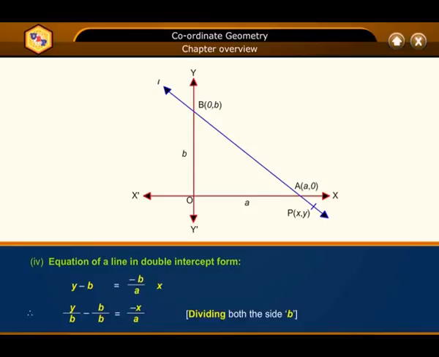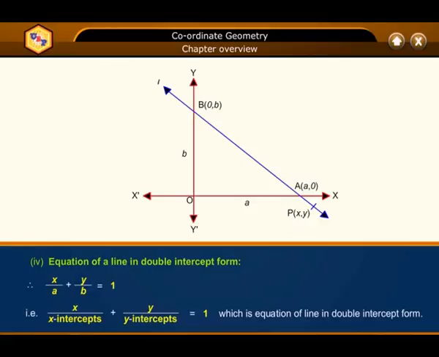So x by a plus y by b is equal to 1. That is, x by x-intercept plus y by y-intercept is equal to 1, which is the equation of a line in double-intercept form.